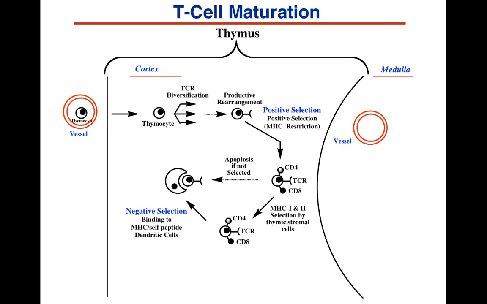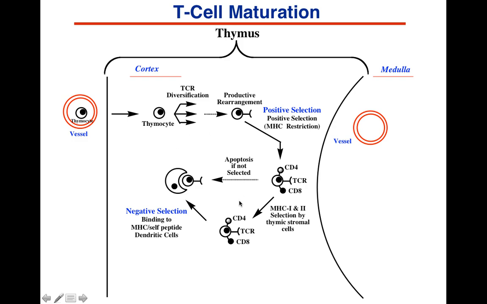So in the system where you have these T cell receptors, they're going to interact with dendritic cells that have MHC 1 and 2 and self-peptide. If they bind too tightly to those, that's referred to as negative selection, and you get loss and destruction of those cells.